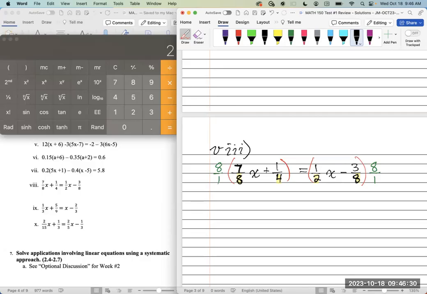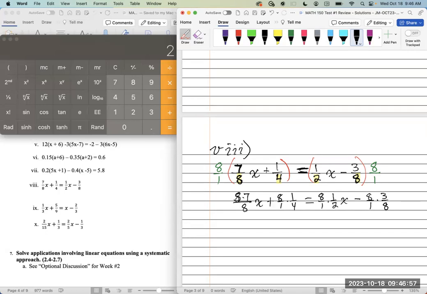8 times 7/8. Just write it out. 8 times 7/8x plus 8 times 1/4. 8 times 1/2 x minus 8 times 3/8.